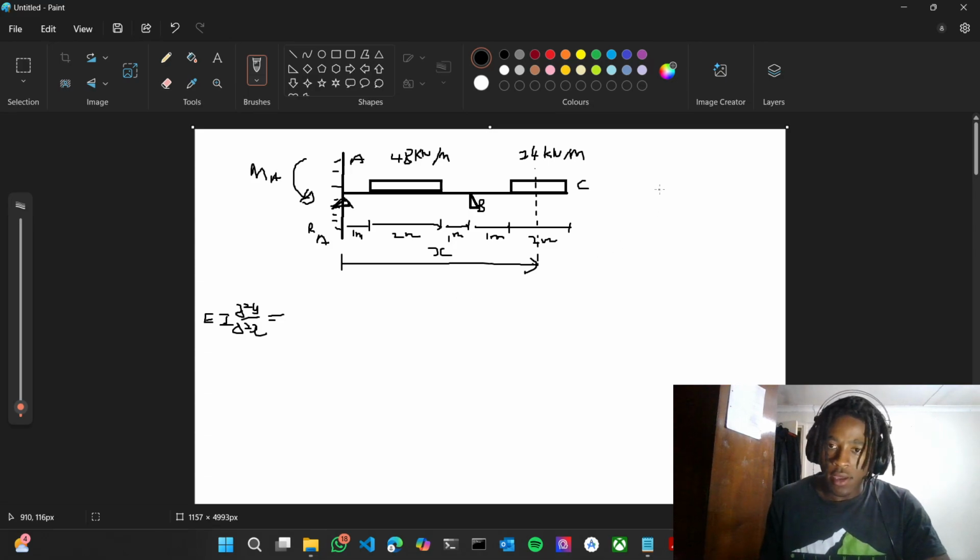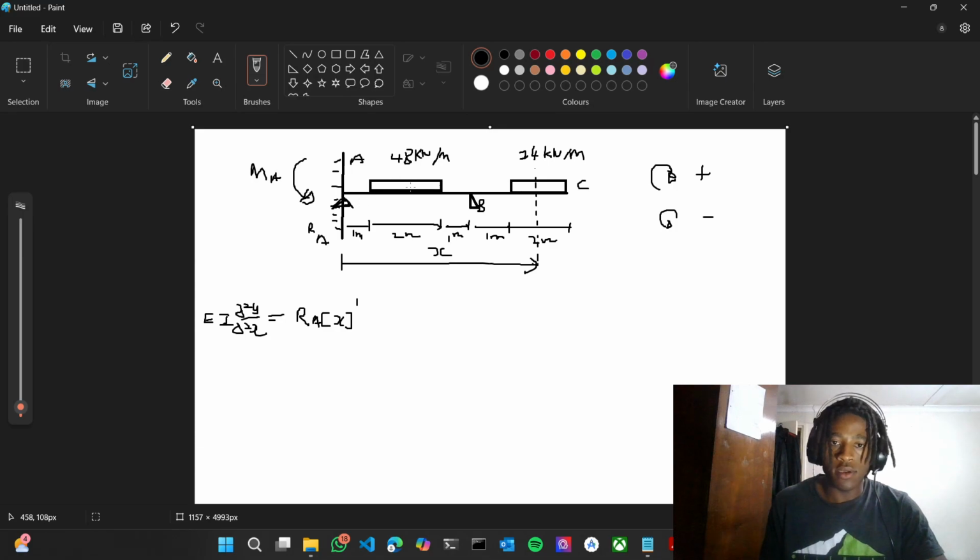So if we take all clockwise moments to be positive and all anti-clockwise moments to be negative, then RA will be considered to be a positive moment, because if you're standing at some arbitrary point X and look to the left, then you're going to have this moment traveling clockwise in relation to X. So RA is positive, and it is multiplied by X to the first power.